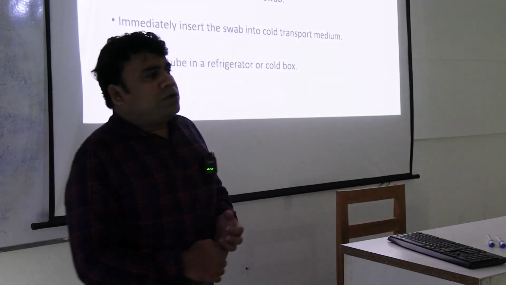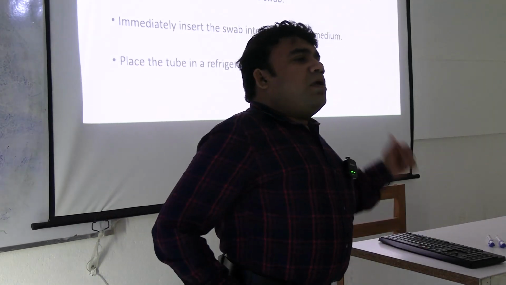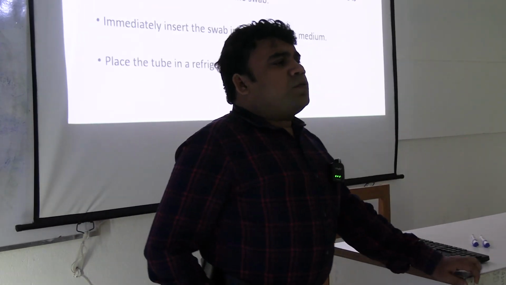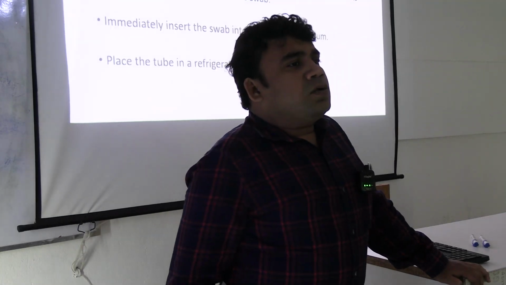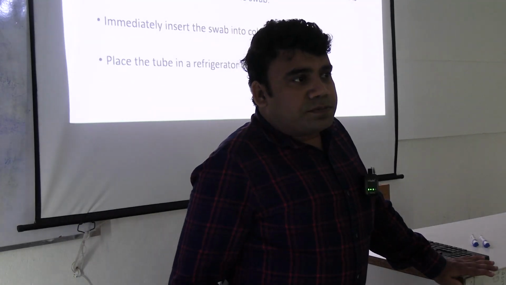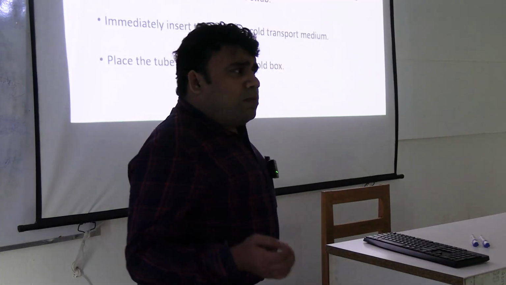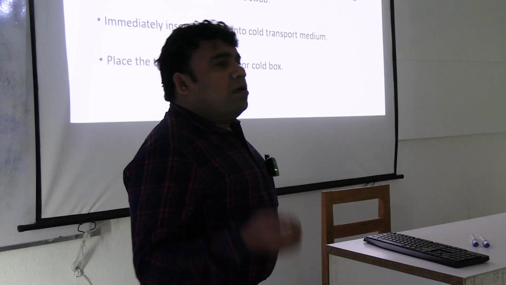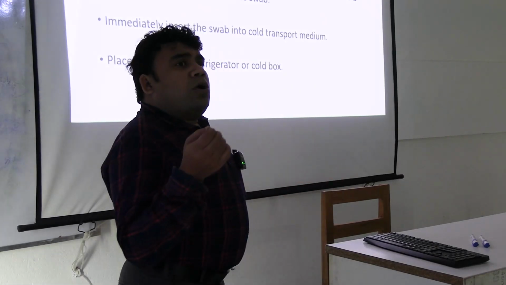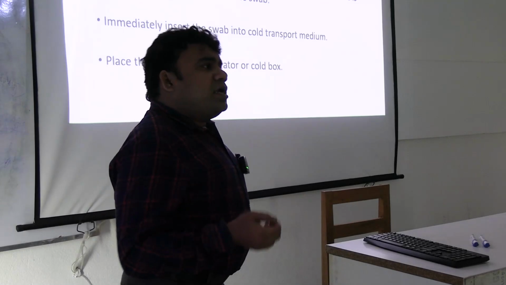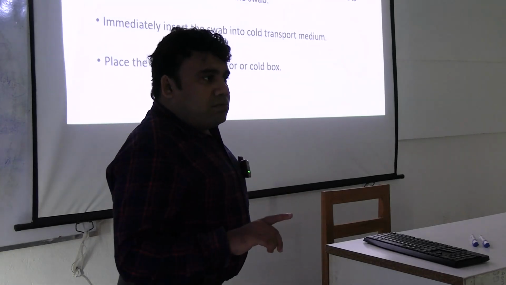Another alternative: whenever you advise the patient to collect the stool sample, in some conditions it is not possible to collect the stool sample. Alternatively, we can advise to get a rectal swab. To collect the rectal swab, you need to take the cotton swab along with the transport media, put the swab into the anal canal, and push it about 1 to 2 inches inside so that the tip of the swab reaches into the rectum.